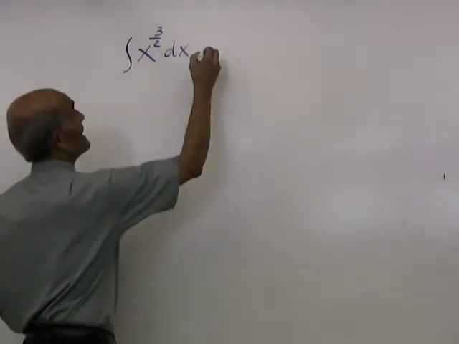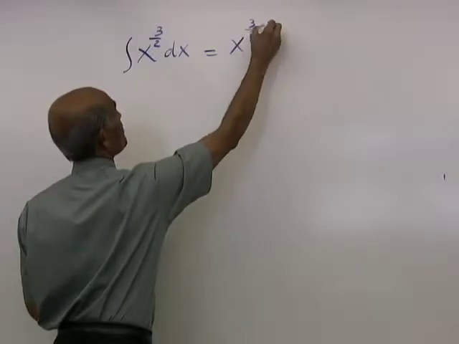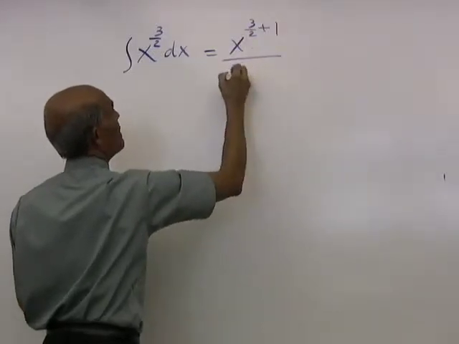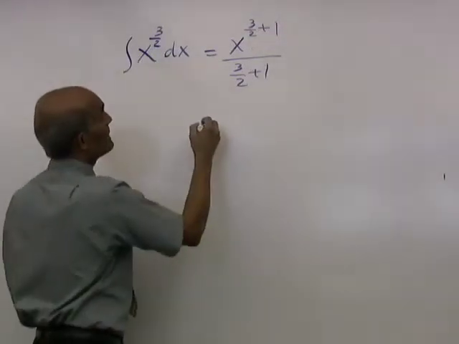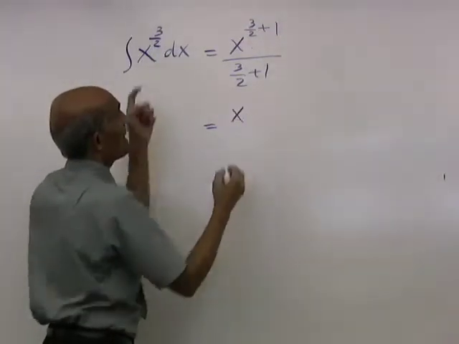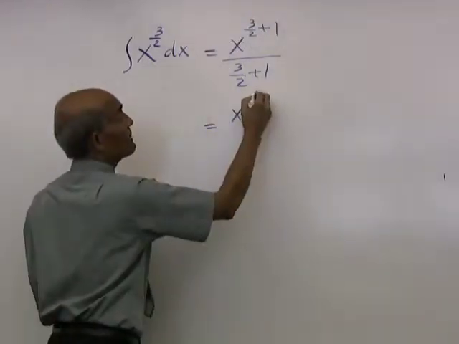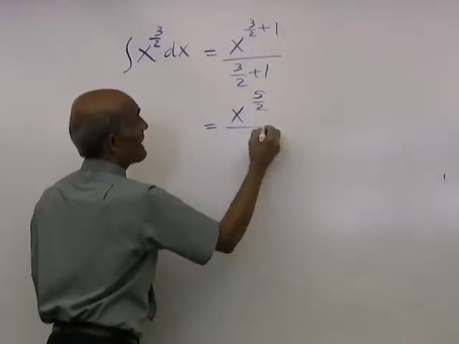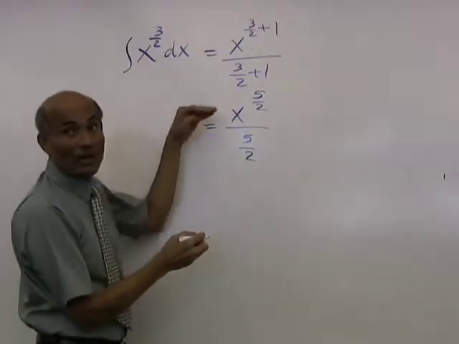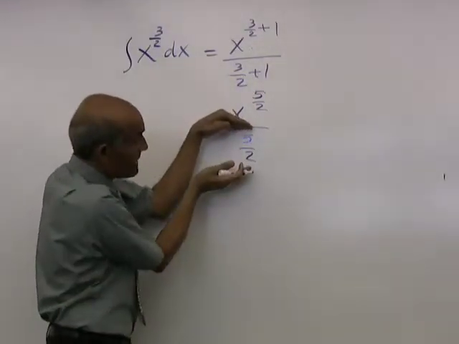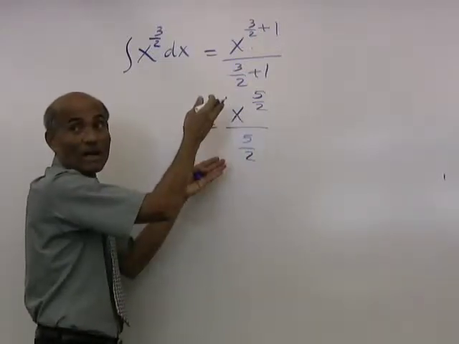It will be x to the power of 3 over 2 plus 1, over 3 over 2 plus 1. And that will be x to the power of 5 over 2, divided by 5 over 2. Now, when you divide by a fraction like 5 over 2, you reverse and multiply.